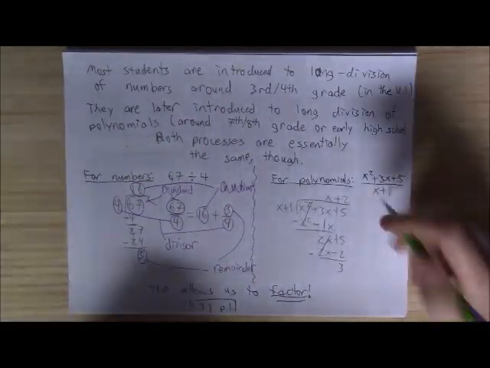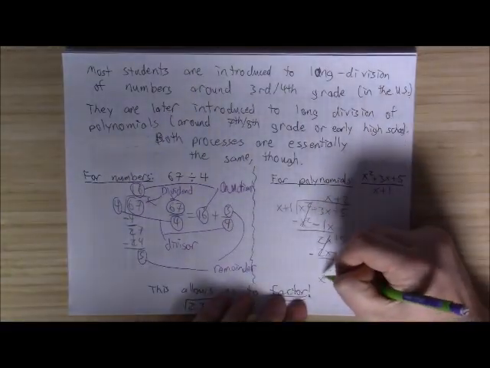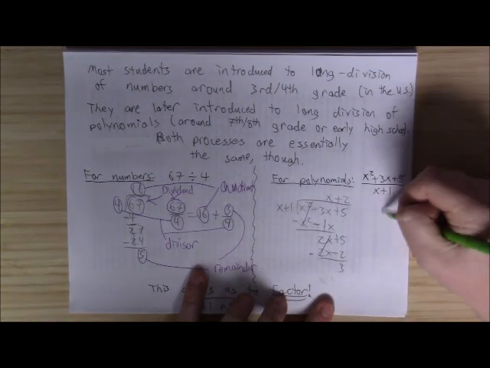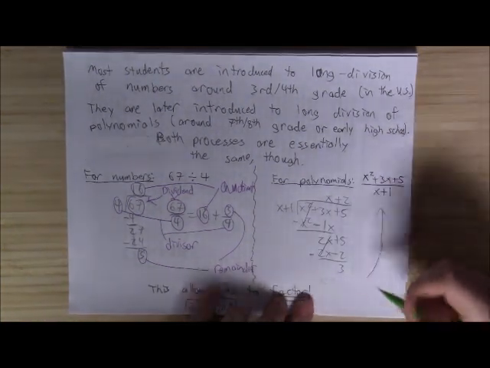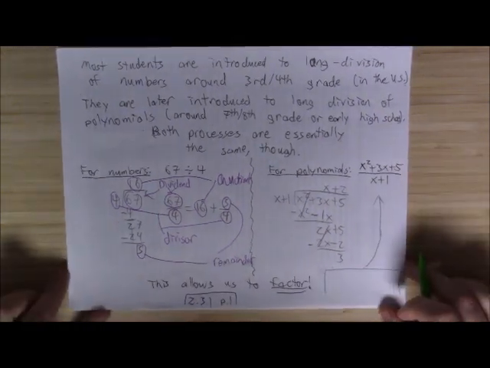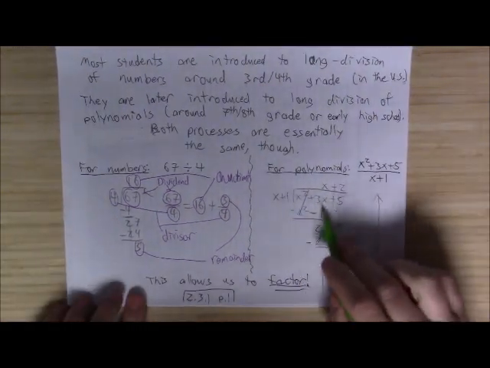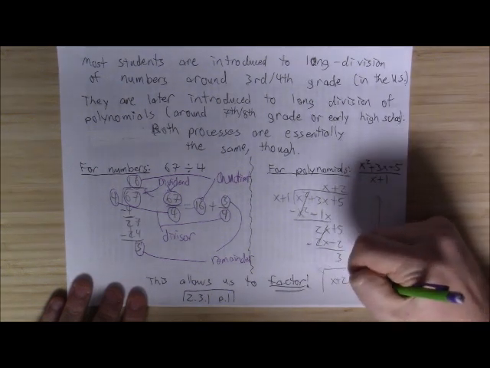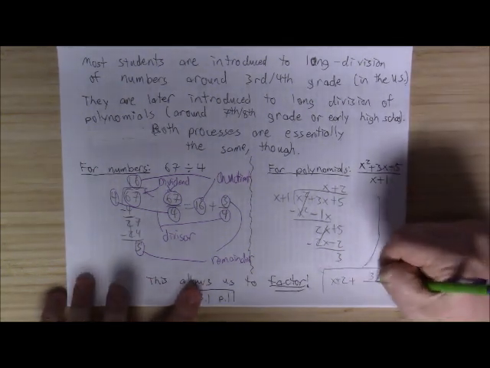Again, I can write this the following way. I can say that this whole thing, let's just write it that way, save some time, is really equal to x plus 2 plus 3 over x plus 1.